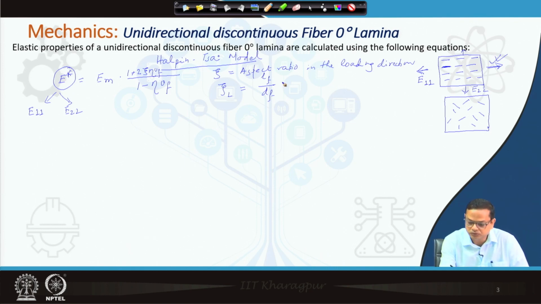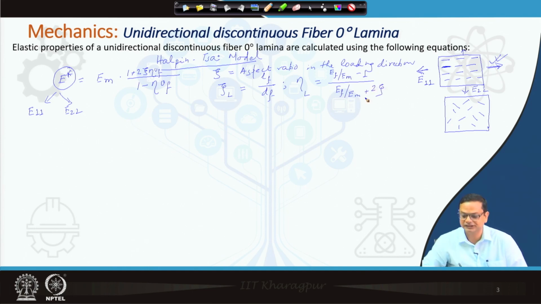And the value of eta L is equal to (Ef over Em minus 1) over (Ef over Em plus 2 xi). That is the value of eta.